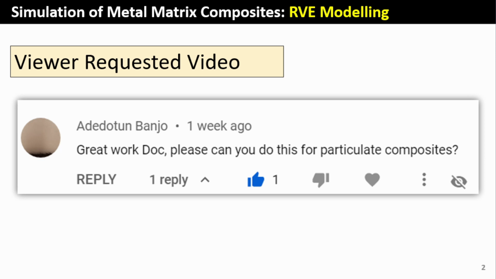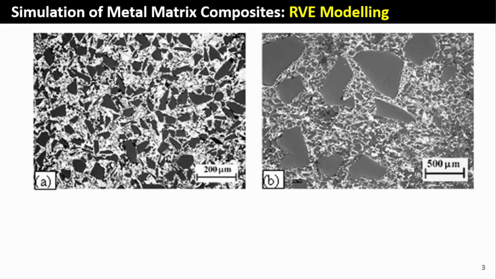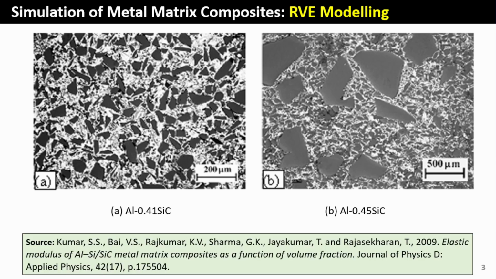Okay, so let's go ahead and think about the problem that we're dealing with today. So particulate composite. This is a micrograph that I've taken from a slightly older journal paper, and basically you could see a micrograph like this. One is 40%, 41% of silicon carbide with aluminium, and the other one is 45% of silicon carbide with aluminium.